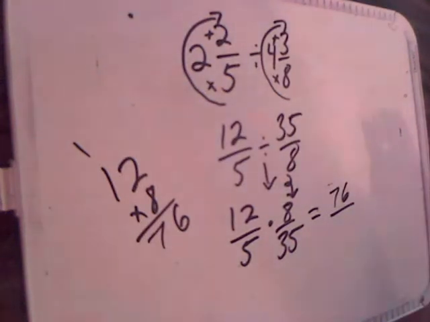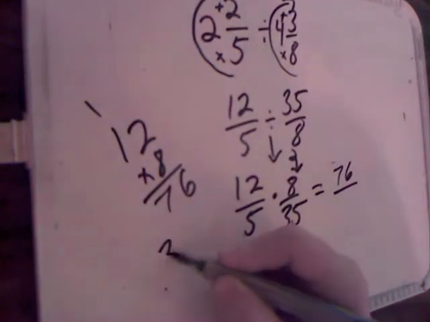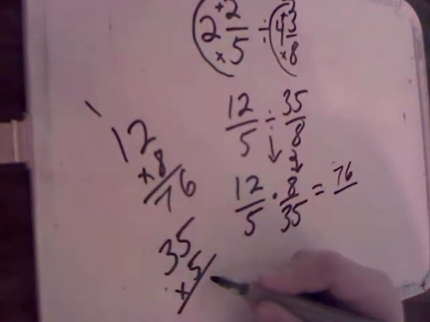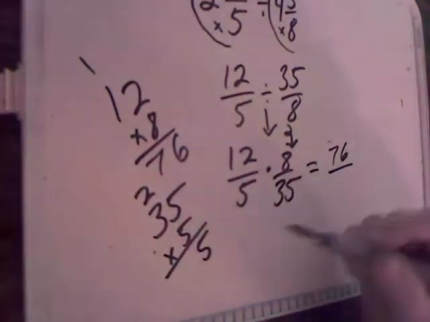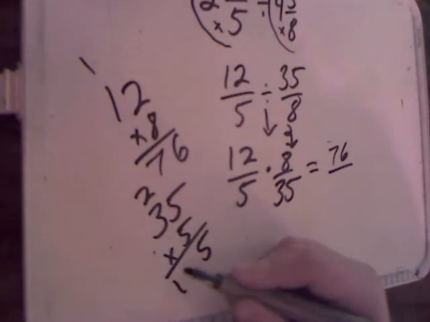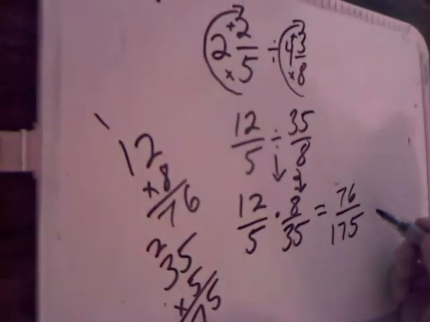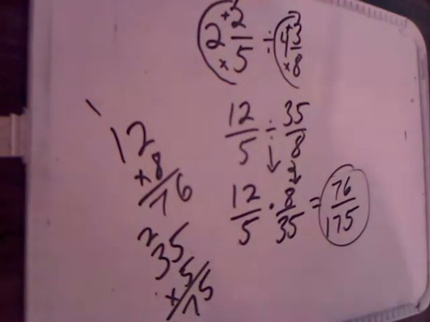Now you want to multiply 5 times 35. 5 times 5 is 25. 5 times 3 is 15 plus 2 is 17. You get 76 over 175 for your final answer.